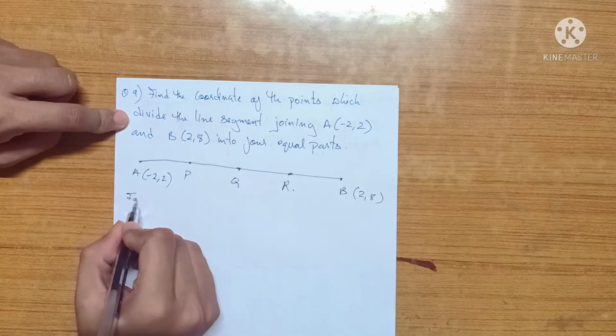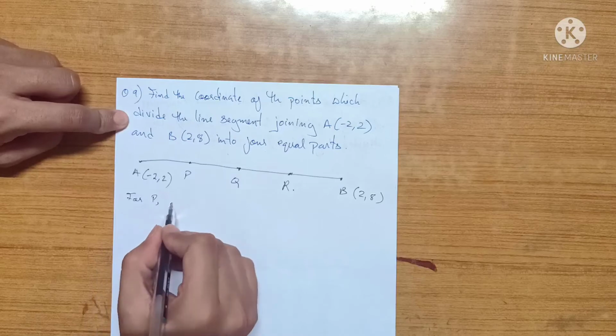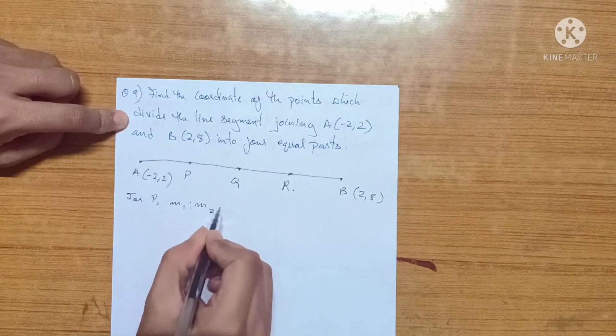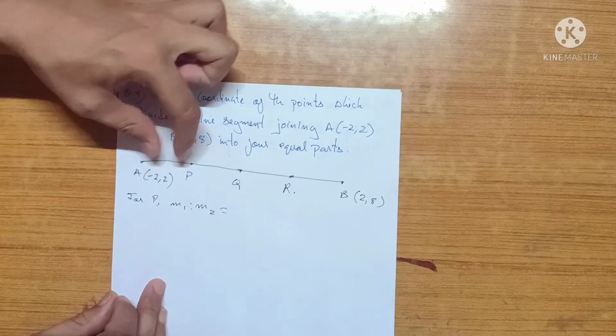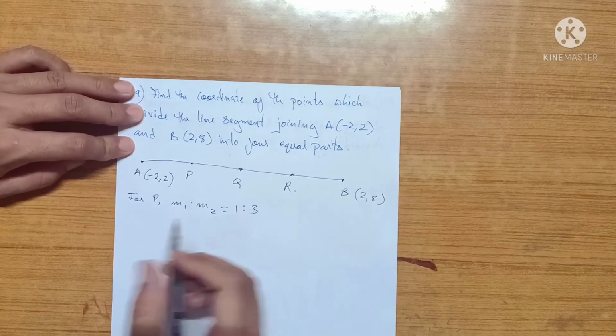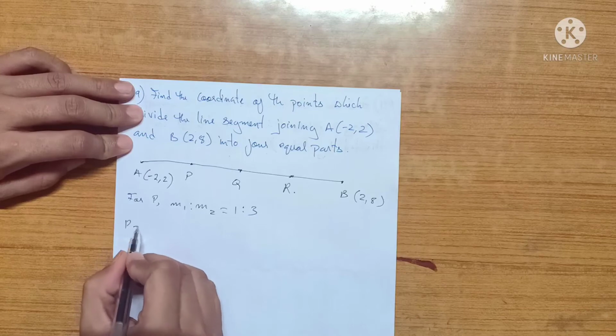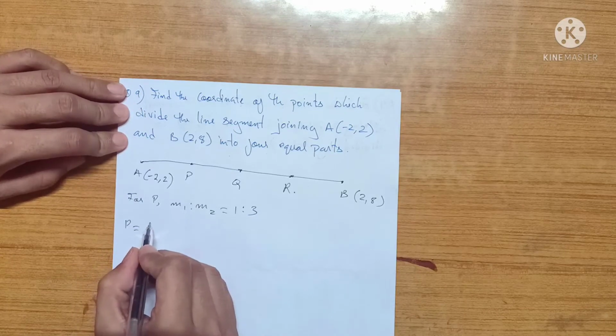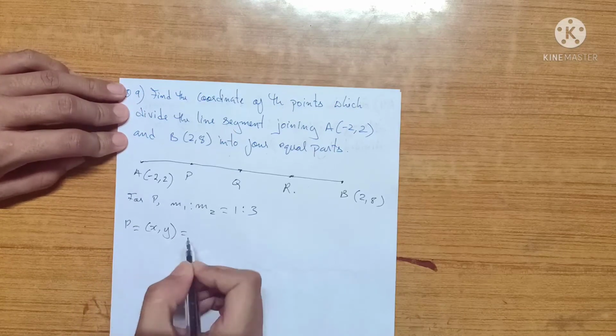Okay. For point P, m1 is to m2 will be what? 1 part is here. How many parts are here? 1, 2, and 3 parts. So 1:3. So P equal to (x, y).